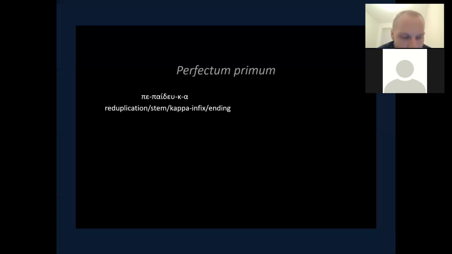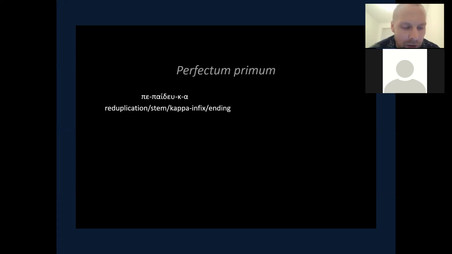So this is how the first person singular perfect active indicative form of our paradigmatic verb paideuo looks like. So this is a so-called perfect one type of active perfect. And the components we have here are, first of all, the stem, which we recognize by paideu.